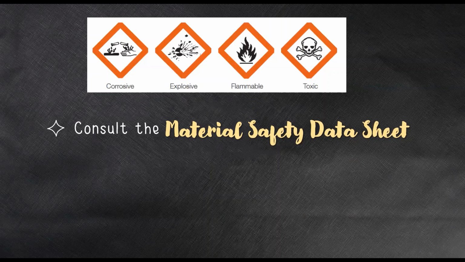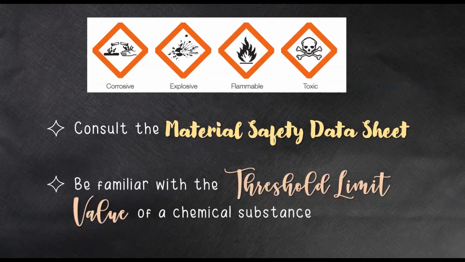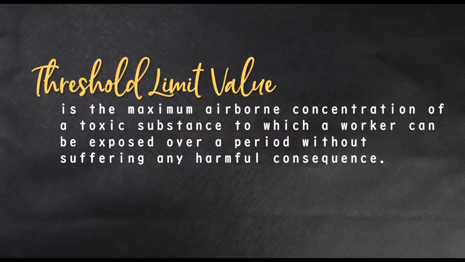Okay? And then, when it comes to dealing with chemicals, class, we also have the so-called threshold limit value. What is this threshold limit value? What is this all about? We have to be familiar with the threshold limit value because the threshold limit value is the maximum airborne concentration of a toxic substance to which a worker can be exposed over a period without suffering any harmful consequences.